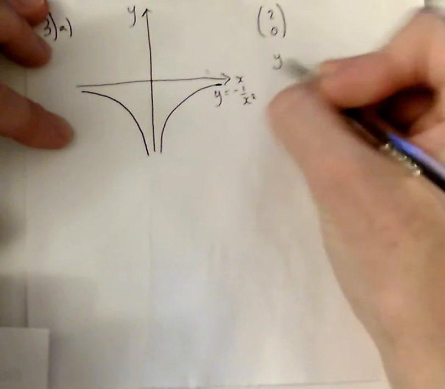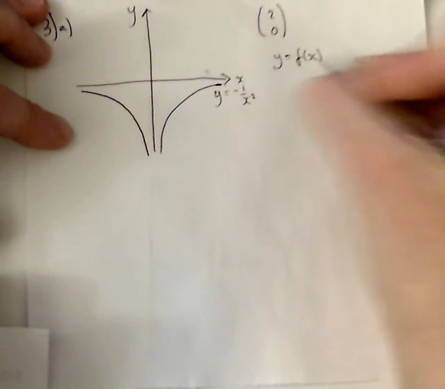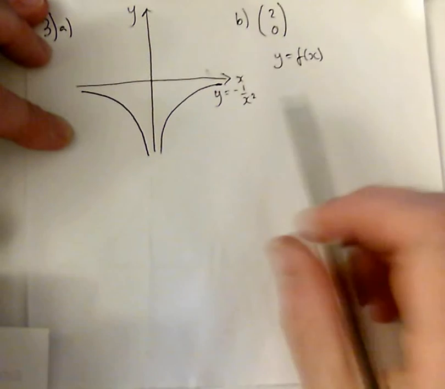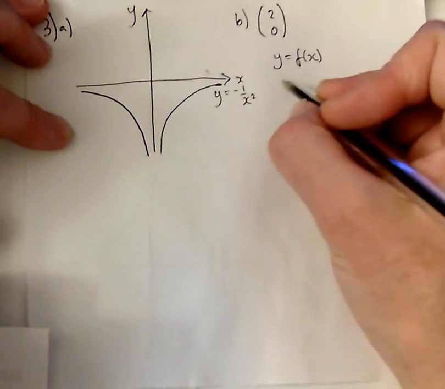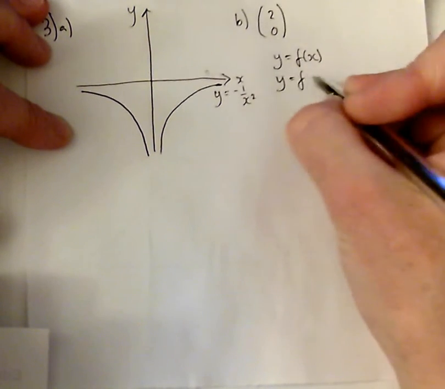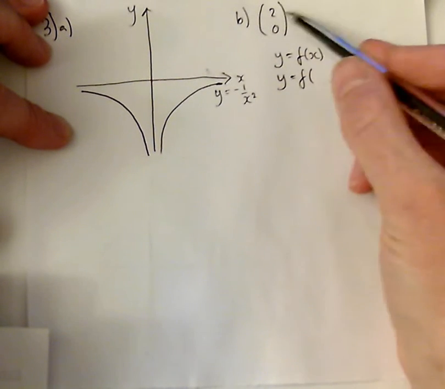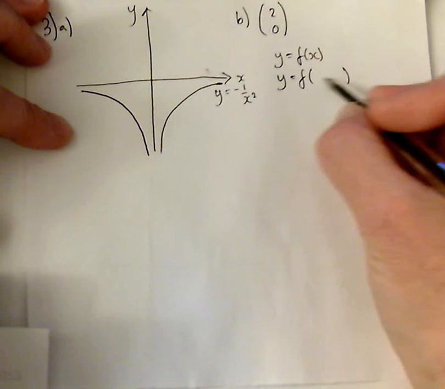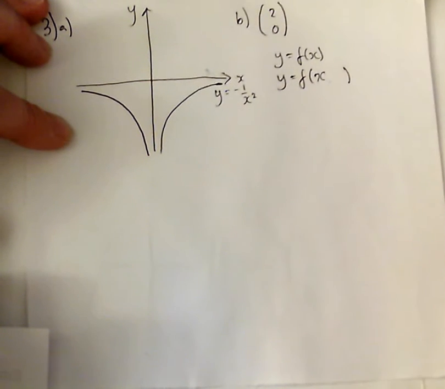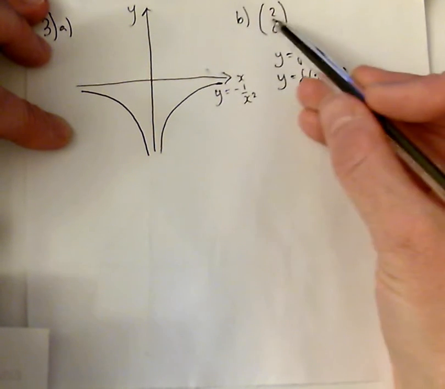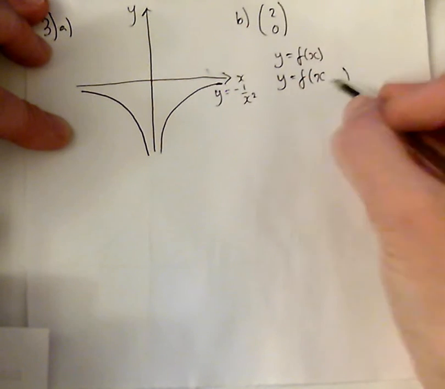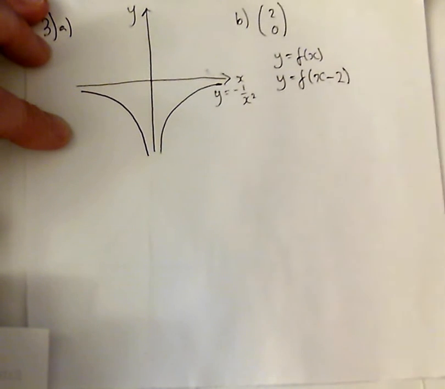So if you start with a function y is f of x, then when you're performing something in the x direction, you replace the x with something. If it's a translation, it's an add or subtract. So it's x, and because it's the x direction, we always do the opposite to what we think. This says +2, so we put -2 there.